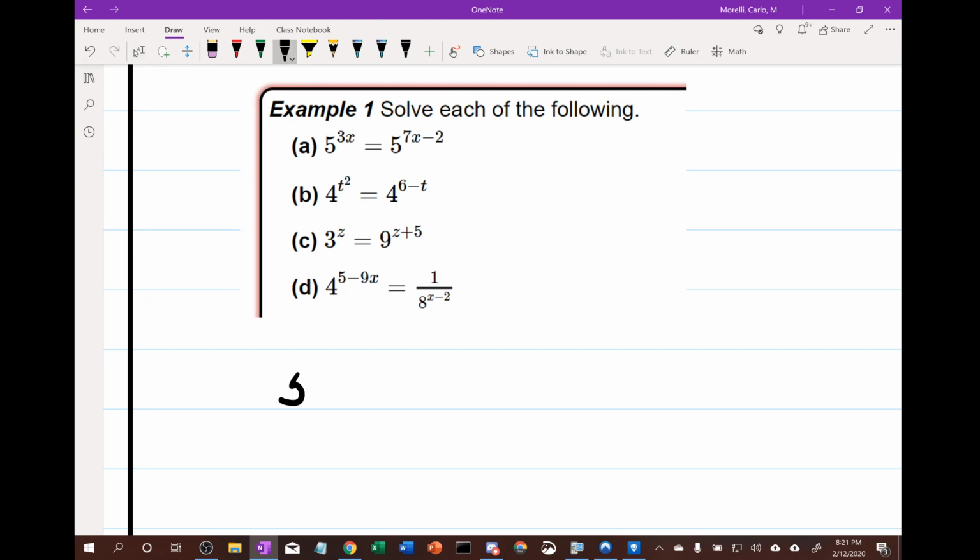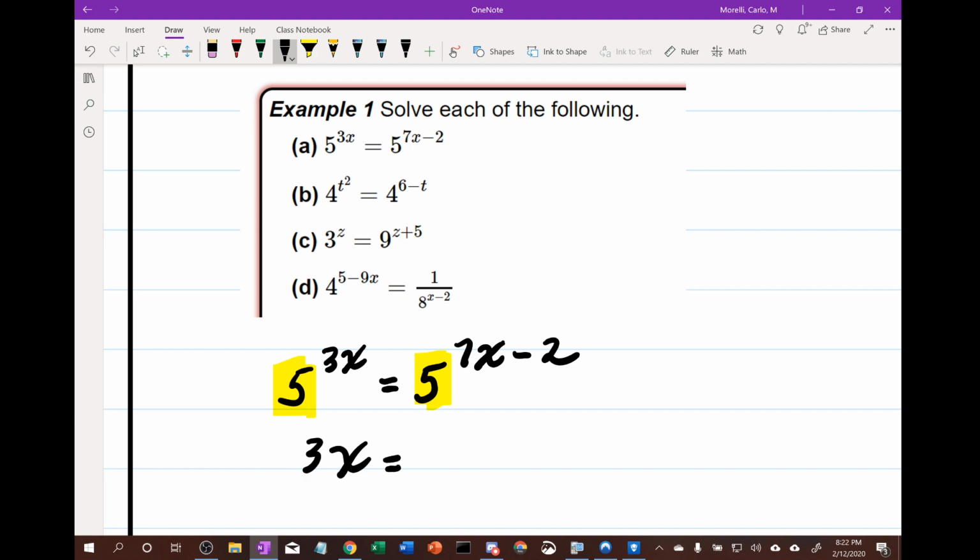If you have 5 raised to the power of 3x equals 5 to the 7x minus 2, then because these bases are the same, you just write 3x equals 7x minus 2.